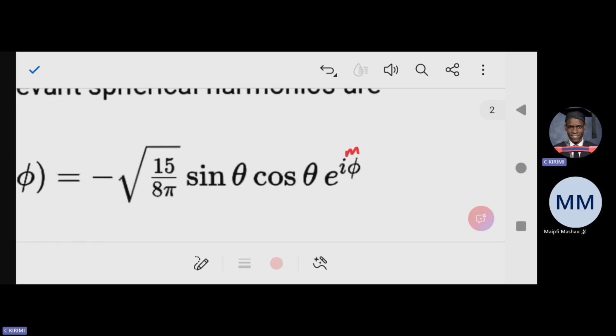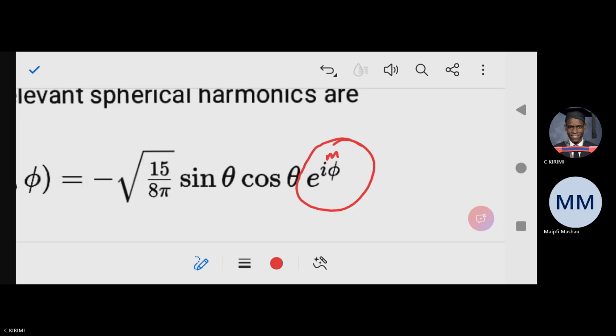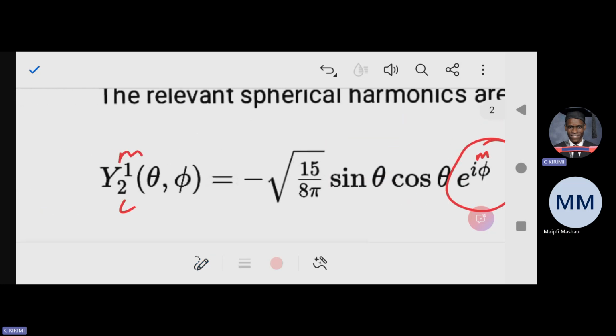Remember, from the general equation, e to the power i m phi is equal to e to the power i phi, which is there on the equation. So if I ask you, what will be the value of m? m should be equal to what? 1. That's why the m on top is 1.